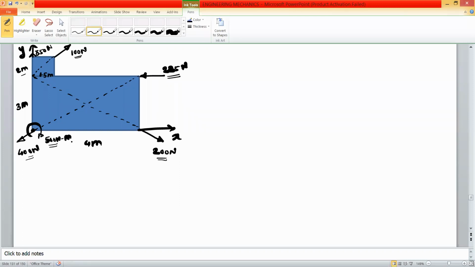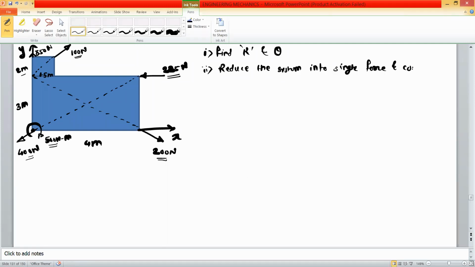The first question is to find the resultant and its angle, theta. The second question is to reduce the system into a single force and couple system at point O, that is, the origin.